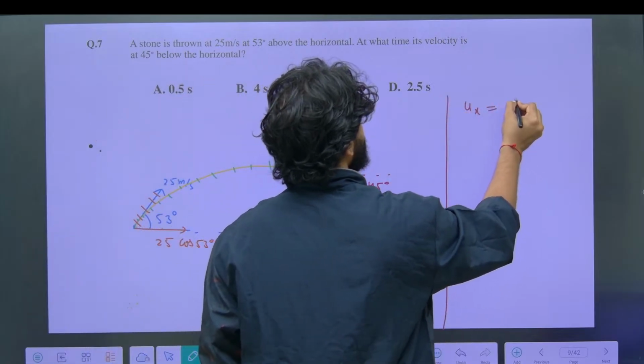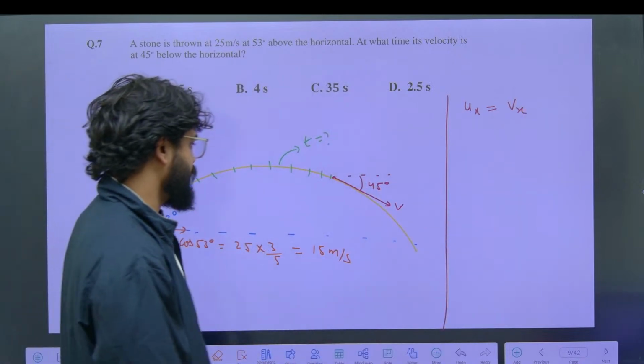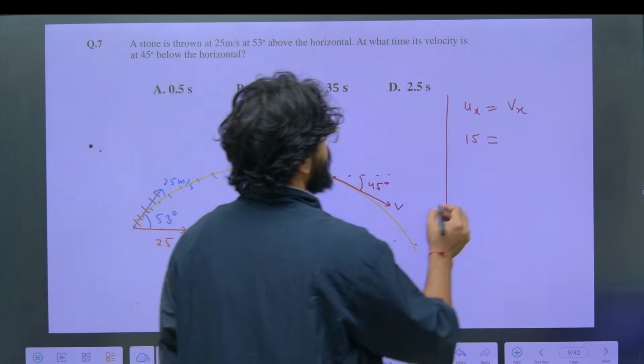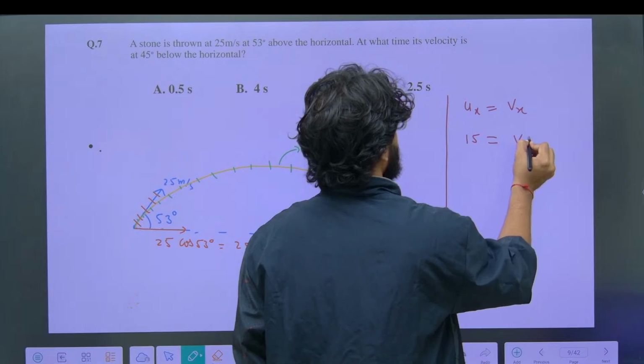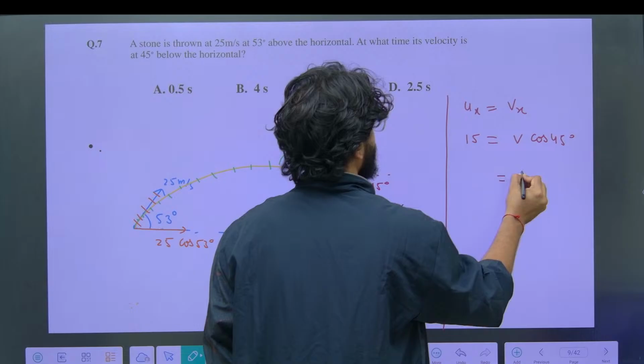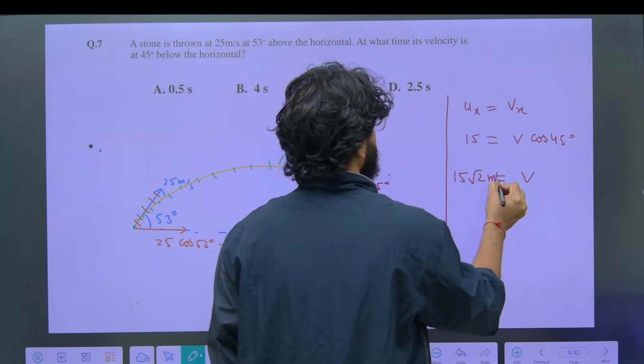ux equals vx, correct? So 15 equals v cos 45. From here v is coming out as 15 root 2 meter per second, right?